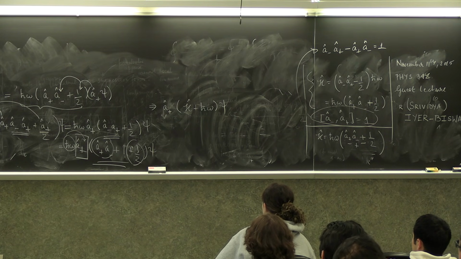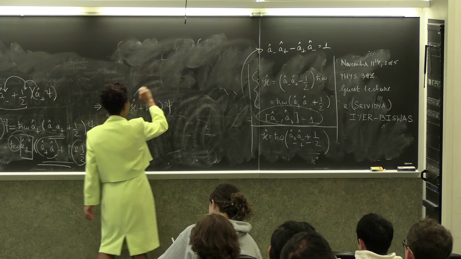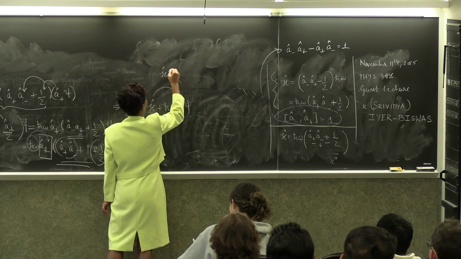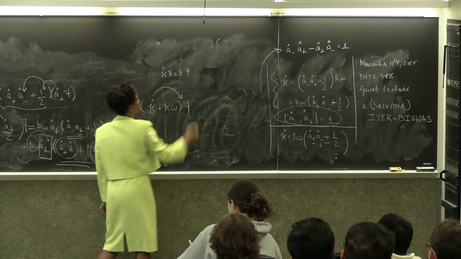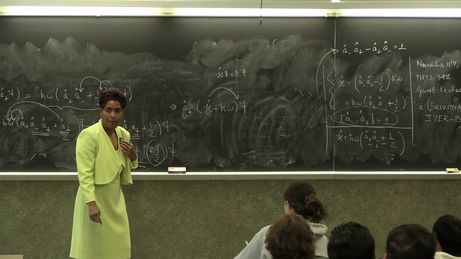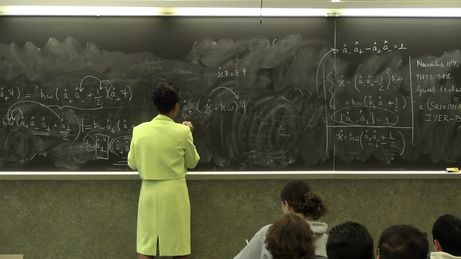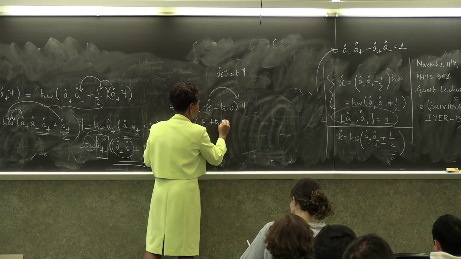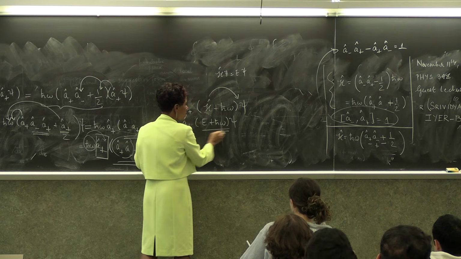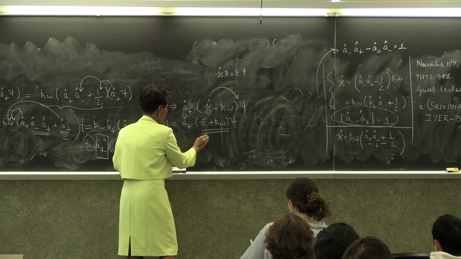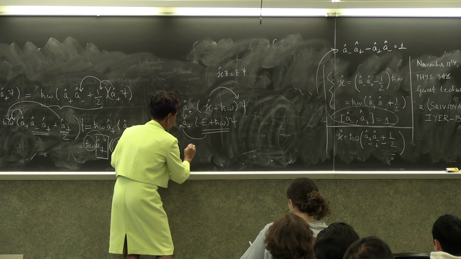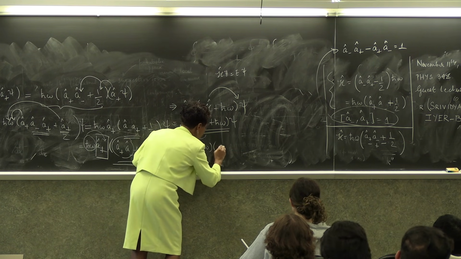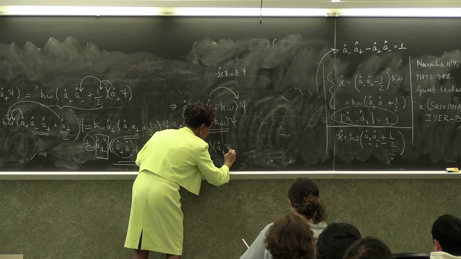And now we do the clever thing of multiplying this with this again to get a number times psi rather than operator times psi. But this is a number, so we can bring this here. So this is just E plus H bar omega times A plus psi.